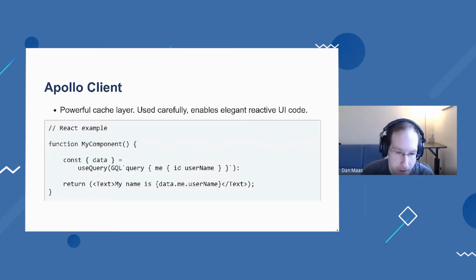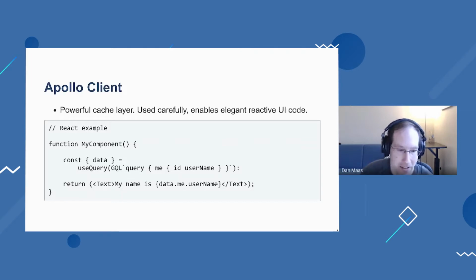So if you perform an operation or receive a notification that the username has changed, this UI will automatically stay in sync and update that username without any further code to write, which is really wonderful and revolutionary.